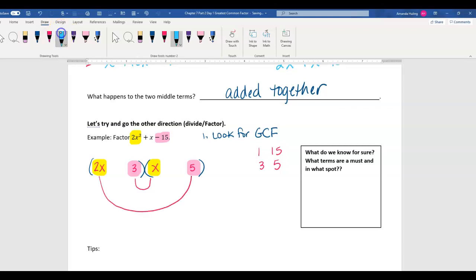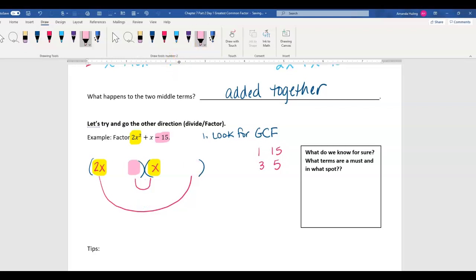So let's check this out. This is going to give me a 3x, and this is going to give me a 10x. Now, I want you to think about this. These two are going to be added or subtracted together. Is there any way we're going to get positive x? No, we're either going to get 13, negative 7, or 7 when we add those.